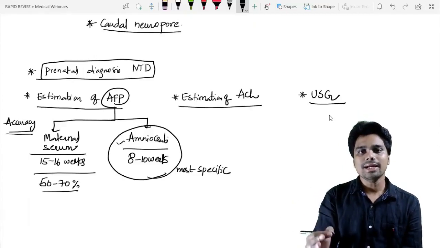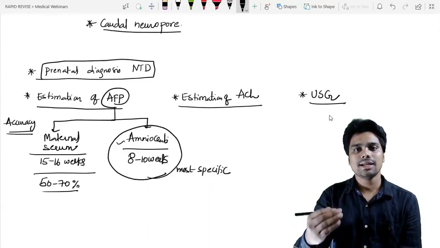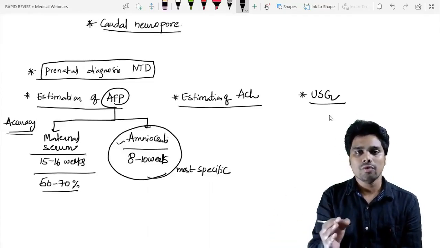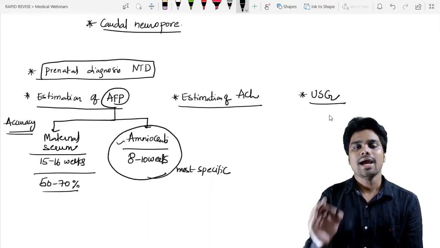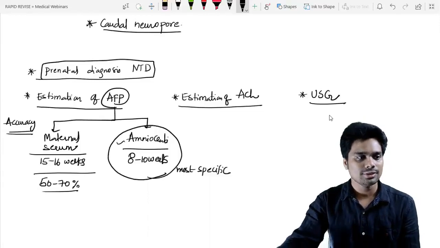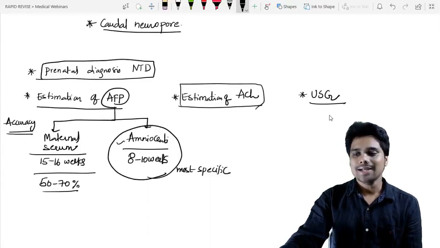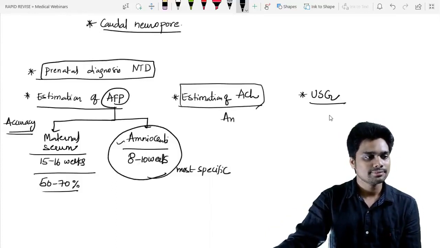There are many conditions in which maternal serum AFP levels are elevated. If you want to specifically diagnose neural tube defects, you have to take an amniotic fluid sample. This sample is usually taken during 8 to 10 weeks. Along with that, the acetylcholinesterase levels can also be estimated in amniotic fluid.